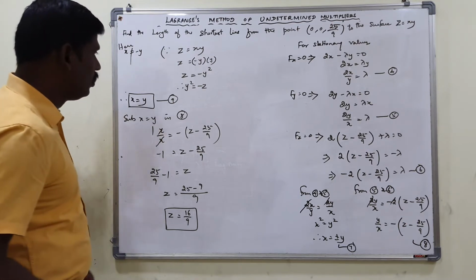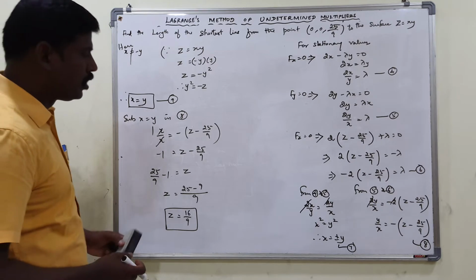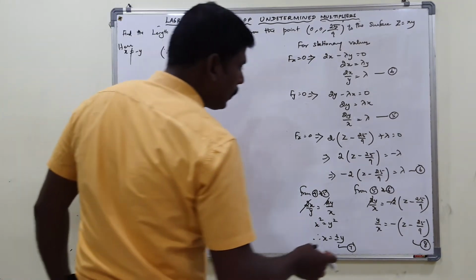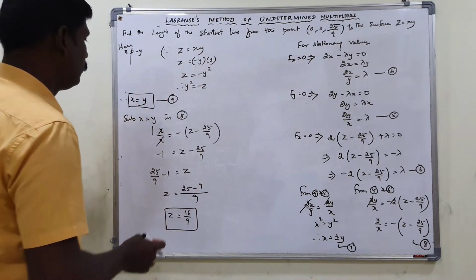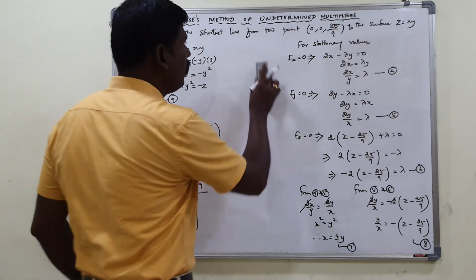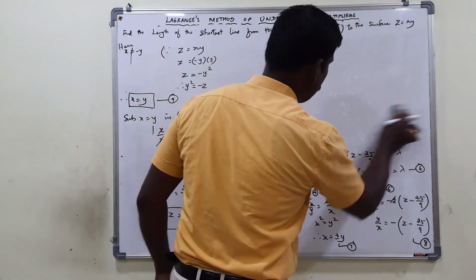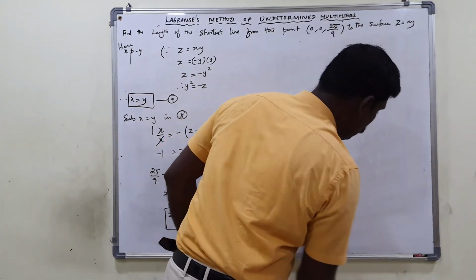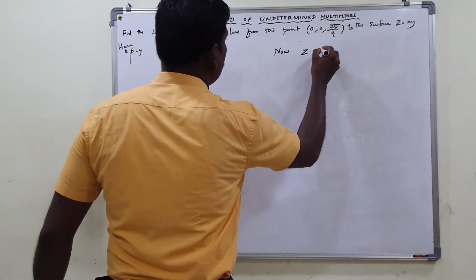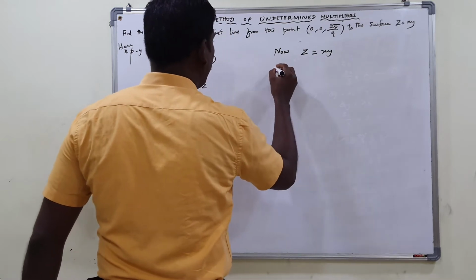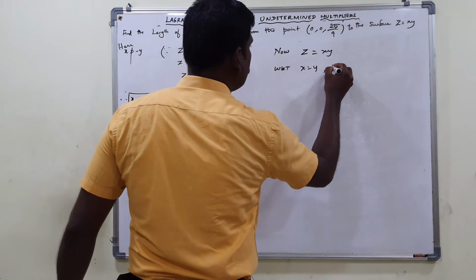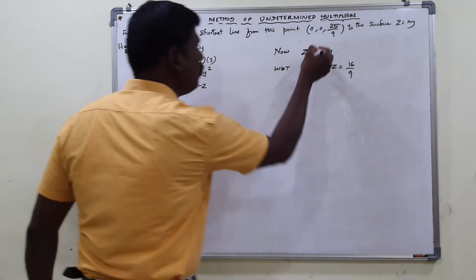Okay, right. So substitute z equal to 16 by 9. Now, what is z? Z is equal to xy, isn't it? But we know that x equal to y and z equal to what? 16 by 9. Substitute both of the two here.